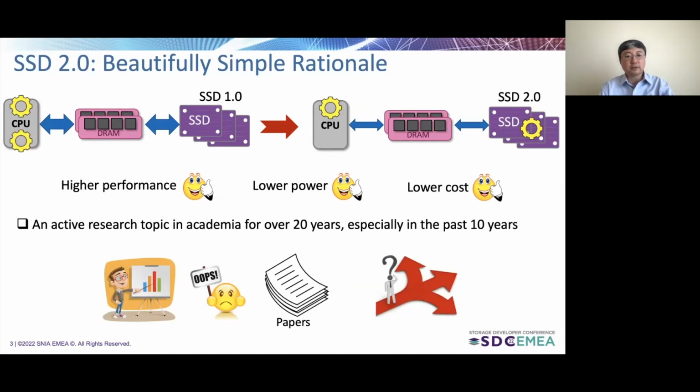So this shows that the commercialization of SSD 2.0 is far more challenging than what academia and industry have expected. One fundamental challenge is how SSD 2.0 could fit into the existing software ecosystem in the most natural and non-disruptive way.